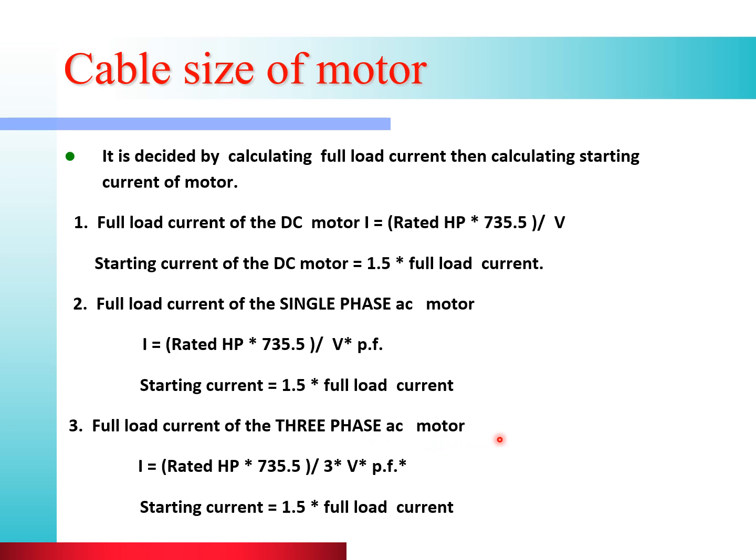Then full load current of a 3-phase AC motor, I equals rated horsepower multiplied by 735.5 divided by root 3 into V into power factor, and again the starting current is calculated as 1.5 times the full load current.